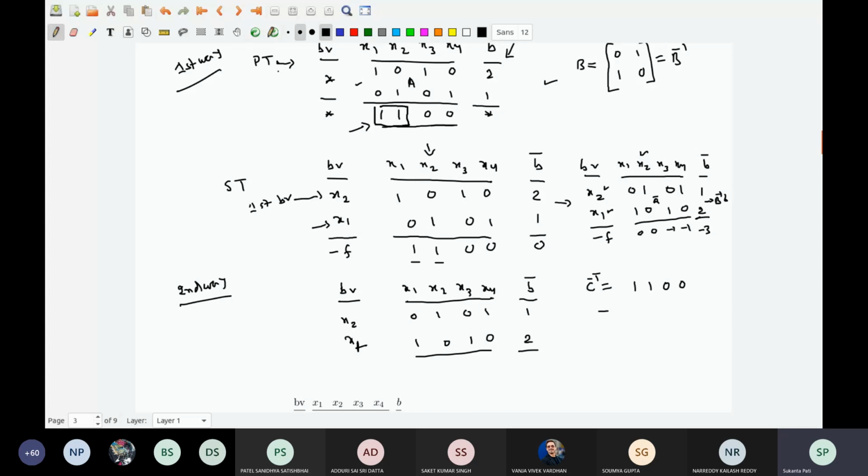So CB, B inverse is 0 1 1 0 and A is 1 0 1 0 0 1 0 1. Actually I need not have written this part. I could have directly written this, because this is already B inverse A.